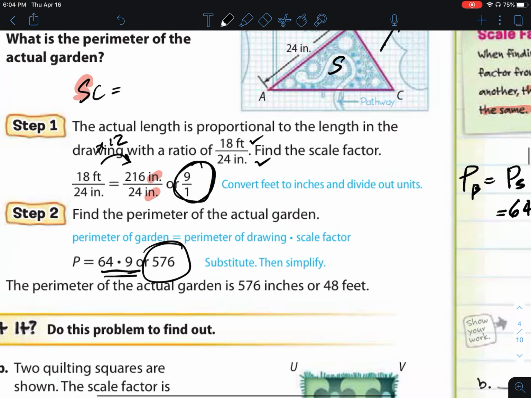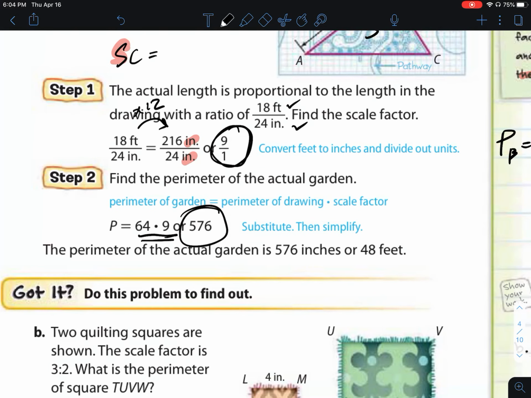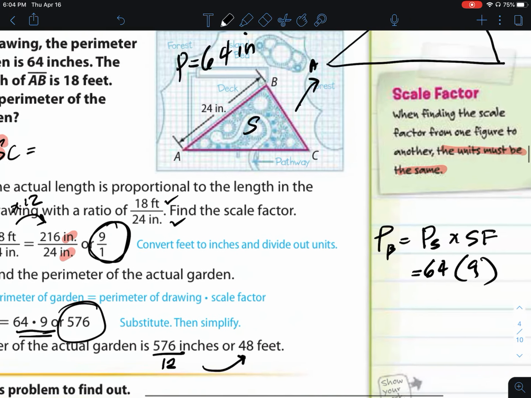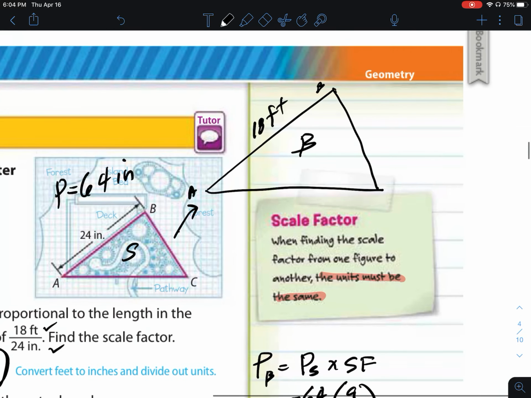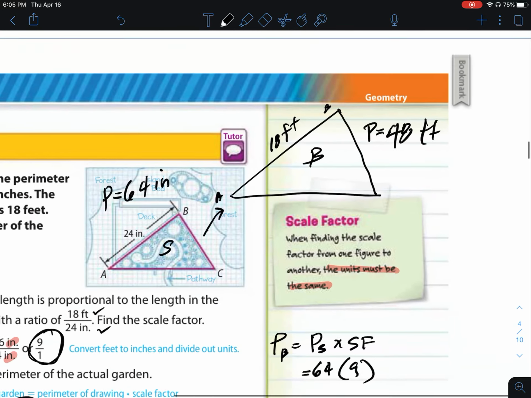So the perimeter of the actual garden is 576 inches. And if you divide that by 12, we get 48 feet. So the perimeter of the actual garden is 48 feet. This big one right here will have a perimeter of 48 feet.